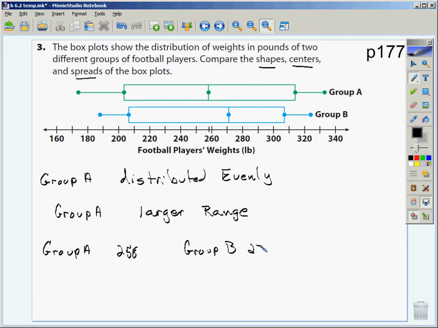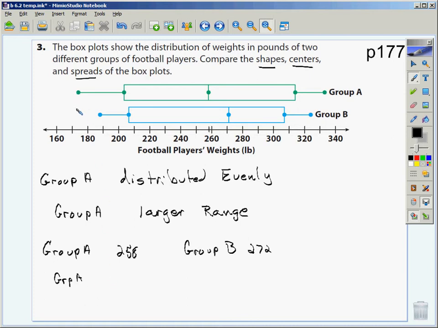Maybe 272, 271, somewhere around there. What are their spreads? Group A goes from what?